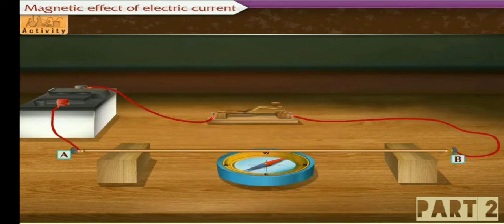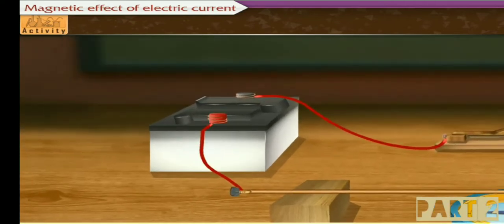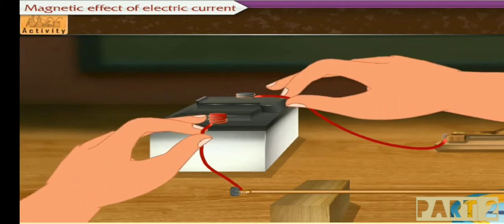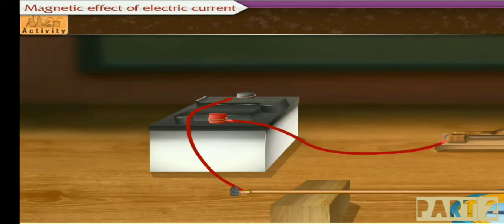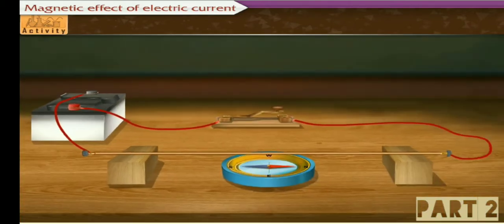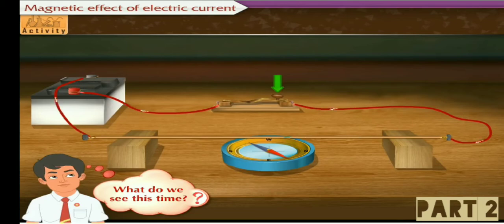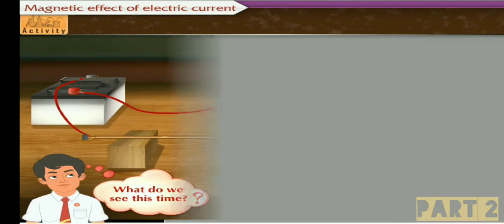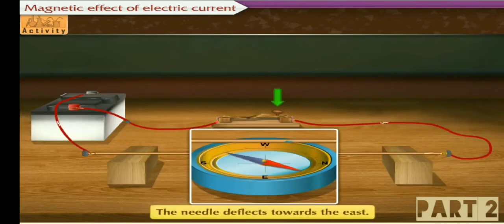Let us now open the switch and interchange the connecting wires connected to the battery to reverse the direction of electric current. Let us now close the switch and observe the needle. What do we see this time? We observe that the needle deflects towards the east.